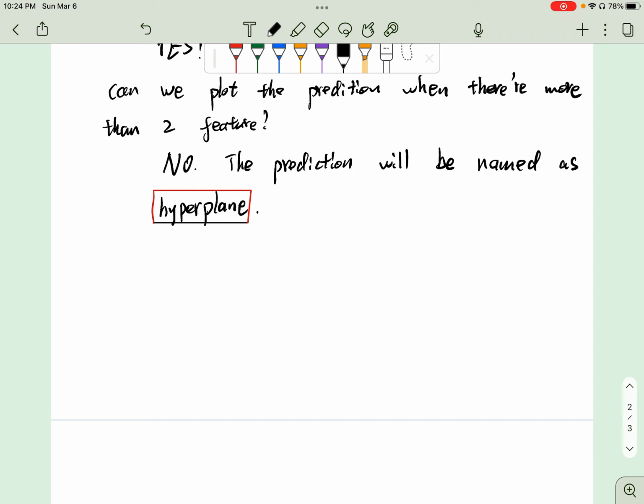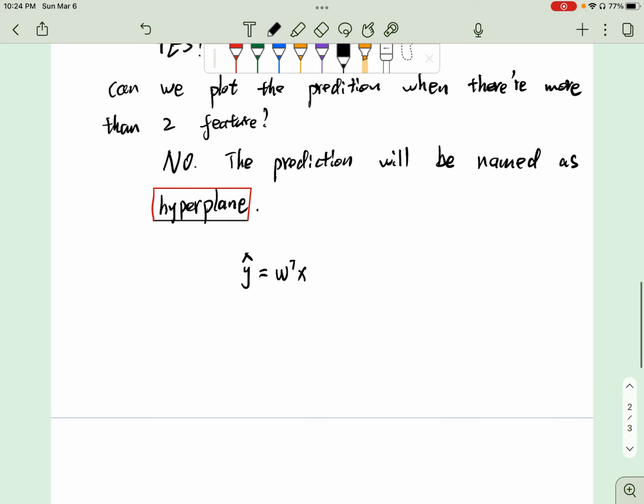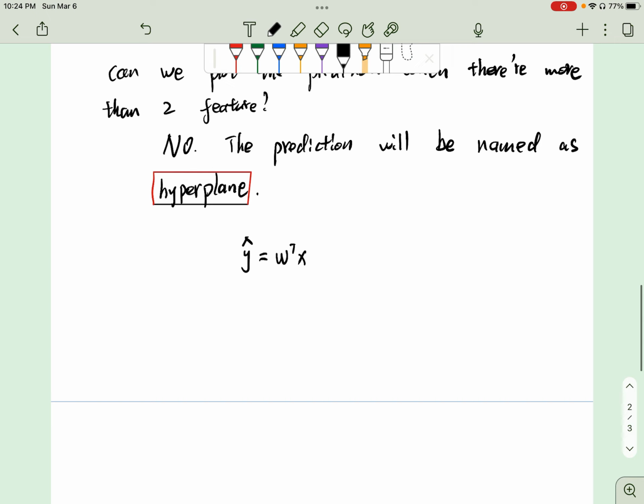Okay, so next, let's review what we have talked about. Here, y hat is our model, our hyperplane, and it equals omega transpose multiplied with x. So it's an inner product, a product between two vectors.